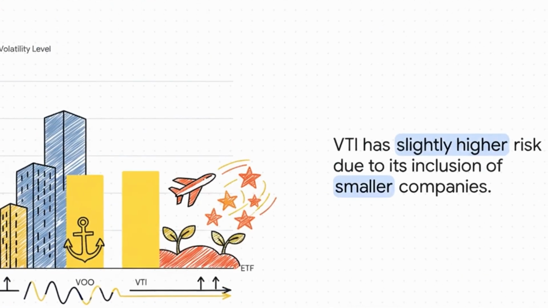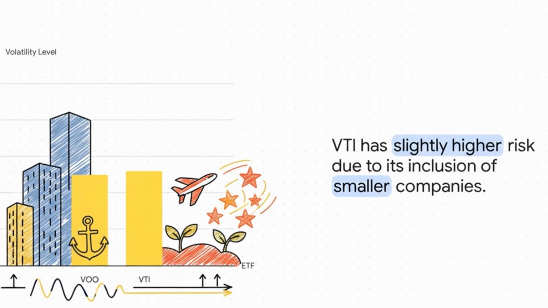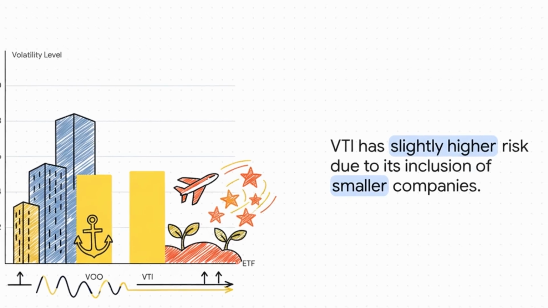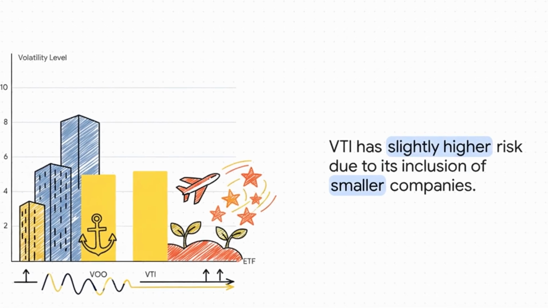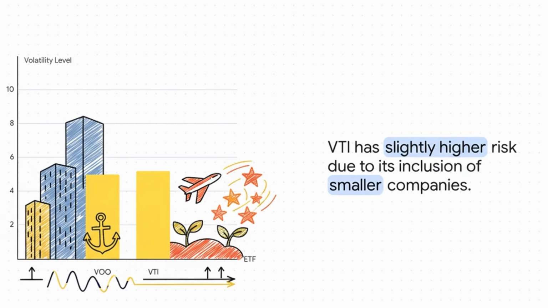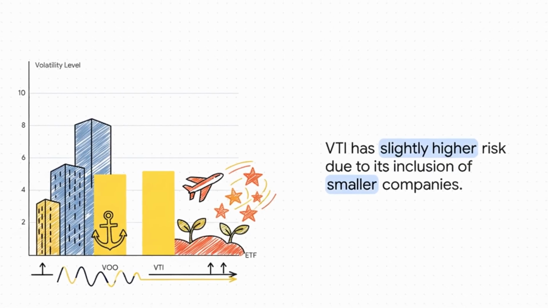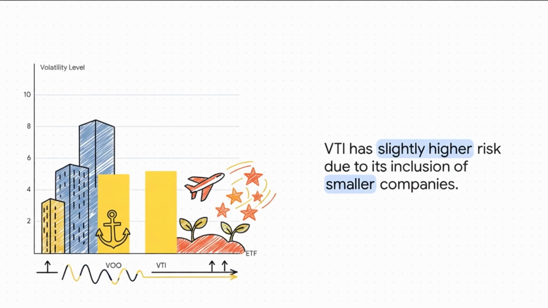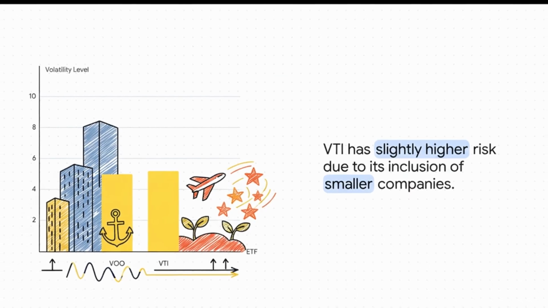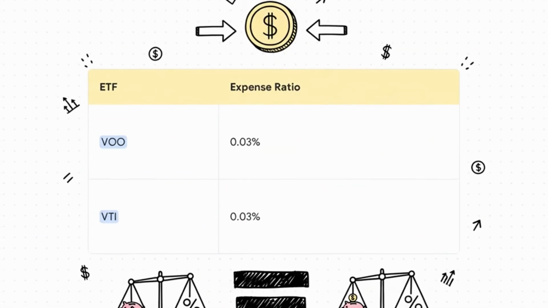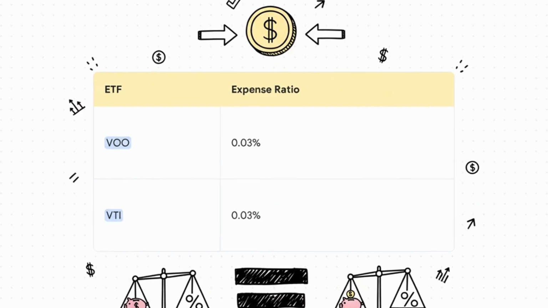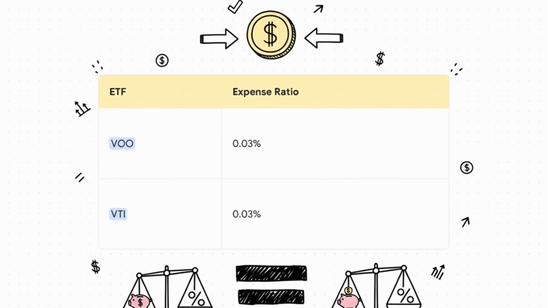Okay, what about risk? Well, there is a tiny difference here. VOO is technically a little less volatile, a little less bumpy, because it only holds those huge, stable companies. VTI, since it holds smaller companies too, has just a teensy, almost unnoticeable bit more volatility. And cost? This is the best part. It's a dead heat, a perfect tie.